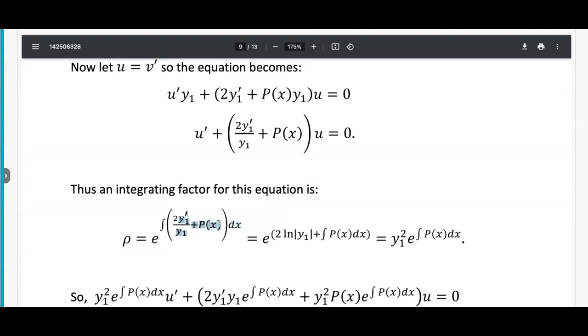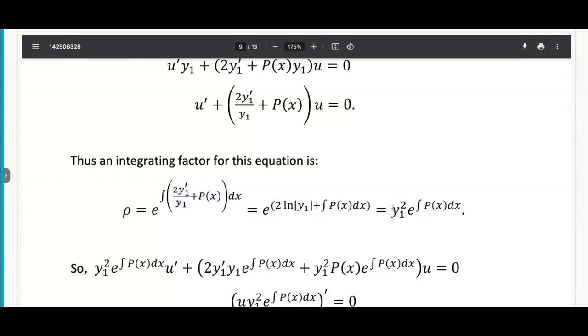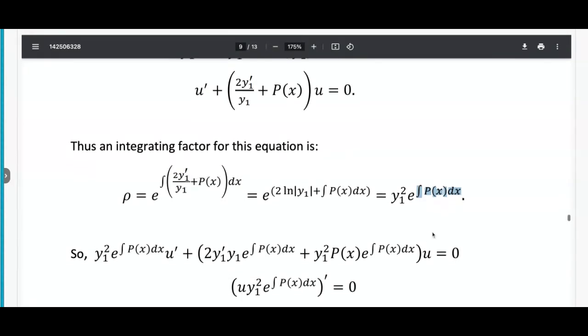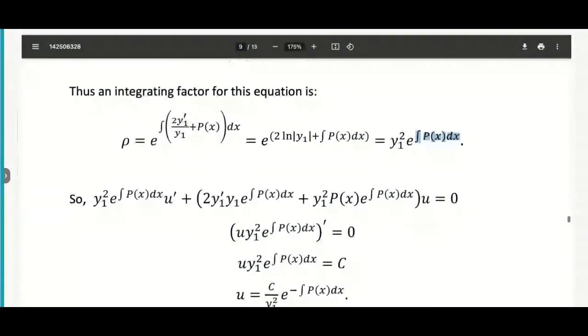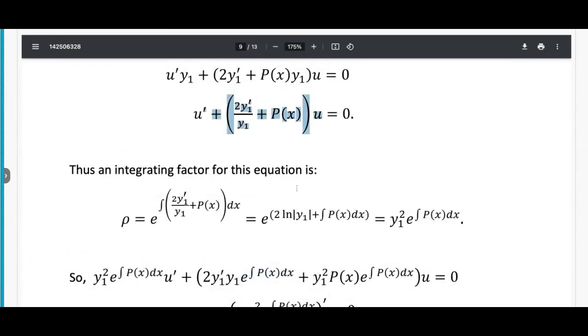So integrating this integrating factor, dx. We simplify that, and in the end we get y1 squared e to the integral of p(x). So we have this y1 squared with this integrating factor, and just plug the integrating factor into the original equation, into this.